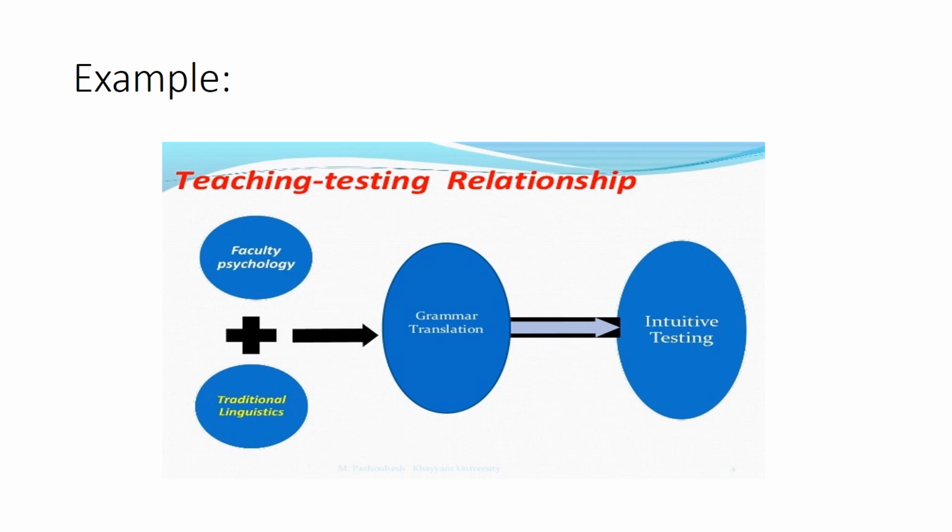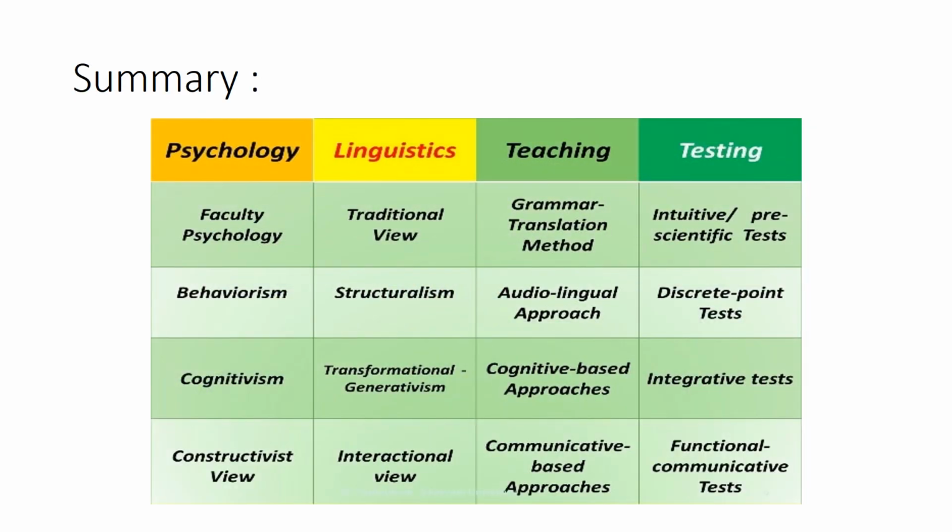Okay, here is a summary of the major approaches that were followed or adopted in language teaching and testing at the same time. So for instance, as we said, within psychology we have faculty psychology. Within linguistics we have the traditional view of linguistics.